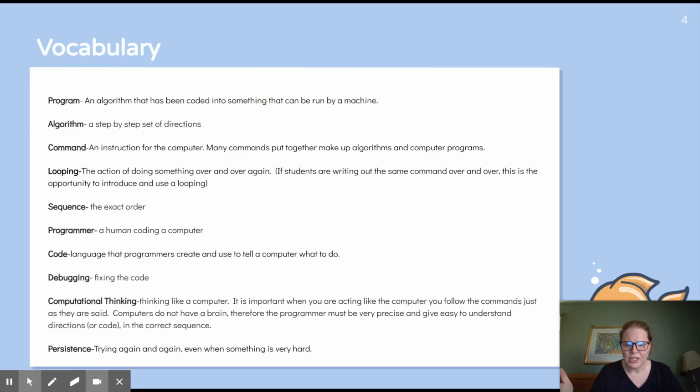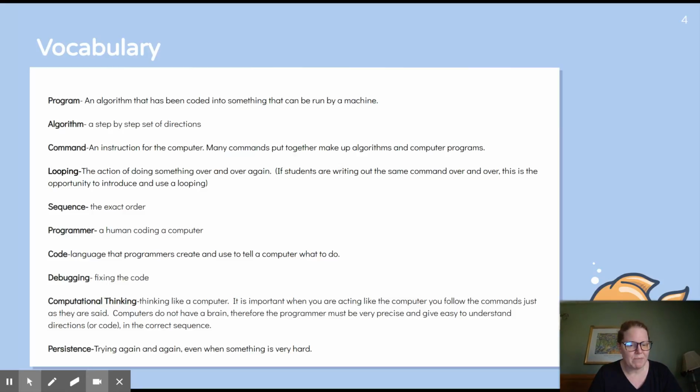When you're acting like the computer, you follow the commands just like the programmer told you to do. Computers do not have a brain. They don't think independently. Therefore, the programmer must be very exact and give easy to understand directions. And then this is my favorite word, persistence.